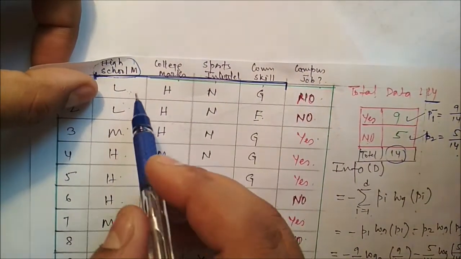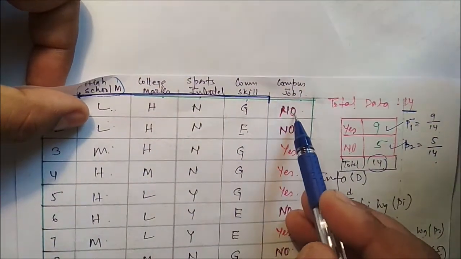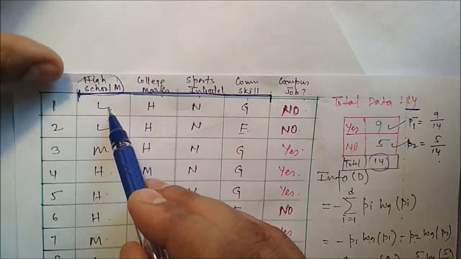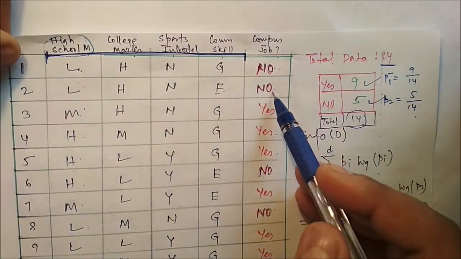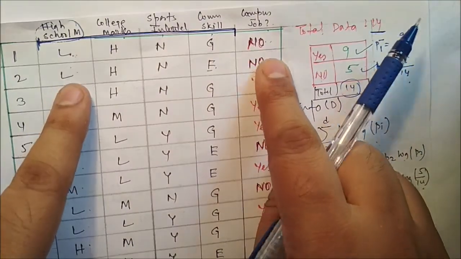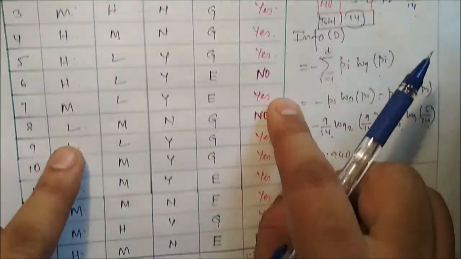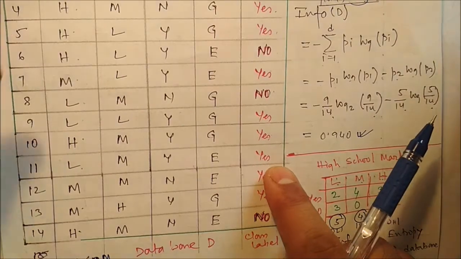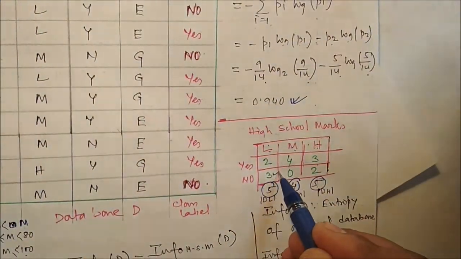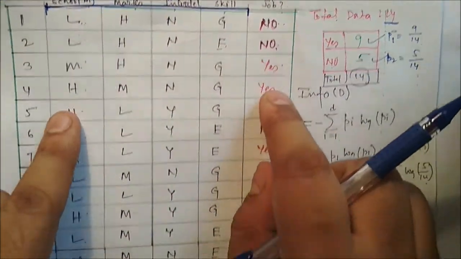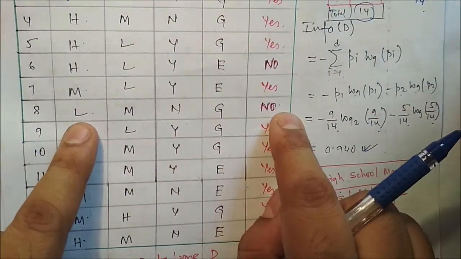Now if it is low, how many times is it no and how many times is it yes? If it is low, it is no 3 times and the remaining should be yes, so 2 times it is yes.